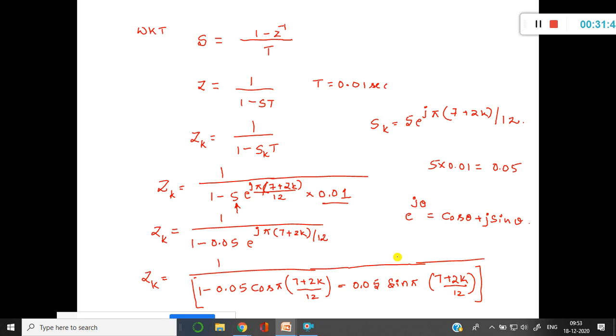Okay, now put k equal to 0. You need to make some table here and calculate the values. Now calculate the values for k equal to 0, k equal to 1, k equal to 2, k equal to 3, 4, 5.